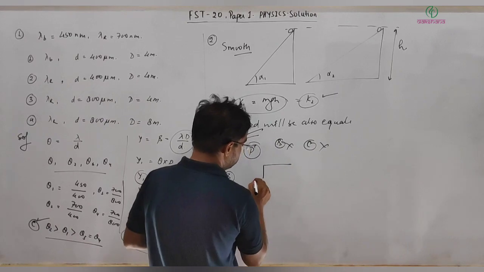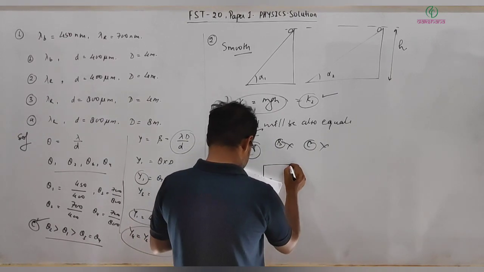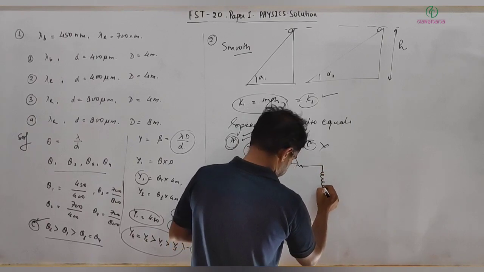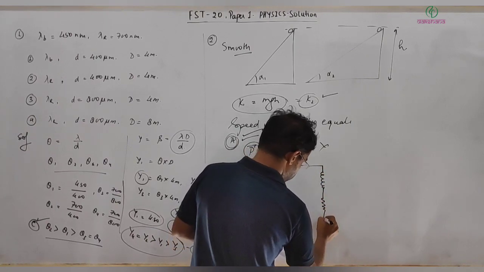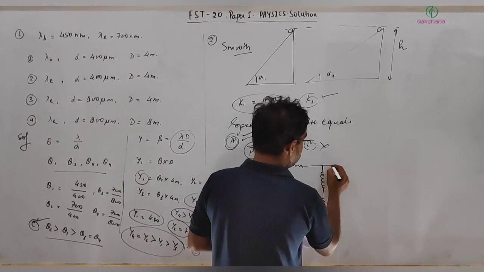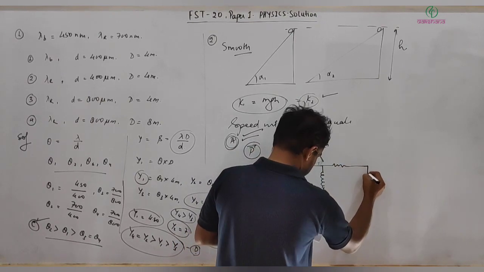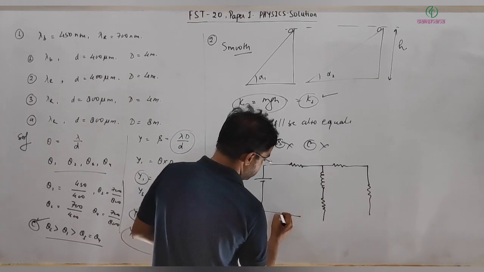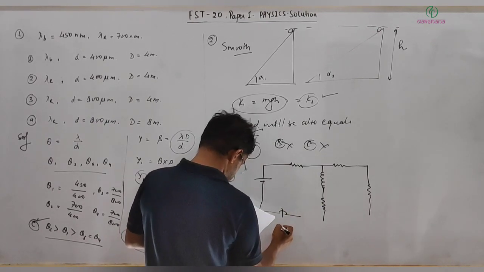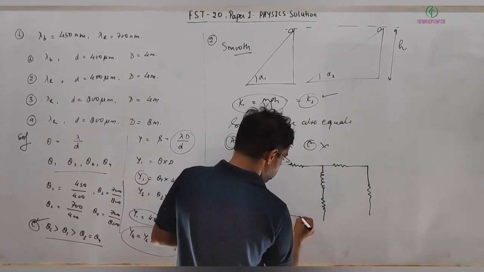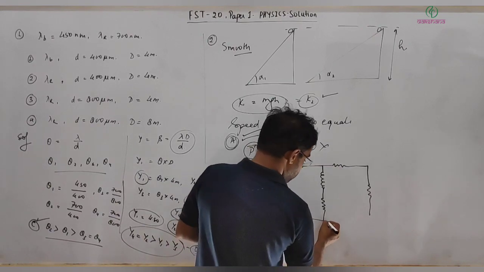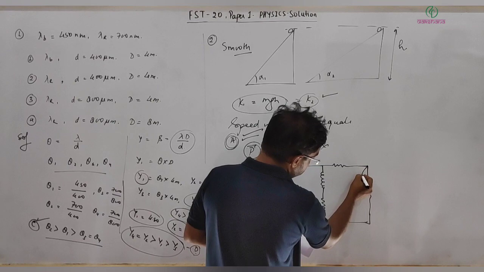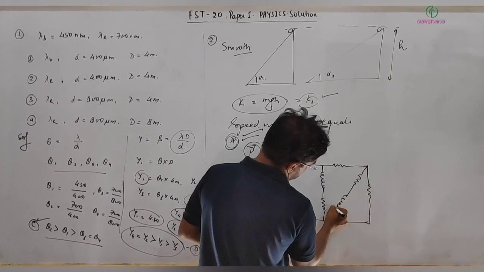Here the circuit is: this is a battery, one resistor R, an inductor, a resistor, and then again one resistor. Here we have a switch, which is a resistor, and this is simply connected, and here we have a resistor and inductor.